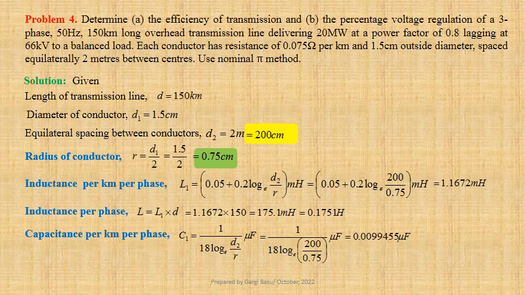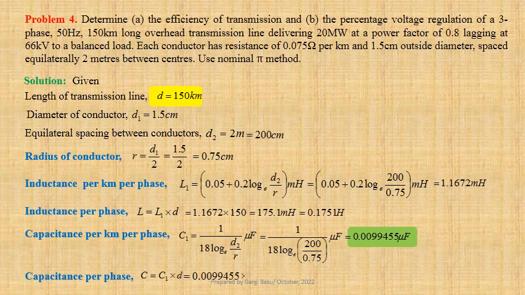Now we shall calculate capacitance per phase C equals C1 into D. Using values we get 0.0099455 into 150, that gives us 1.4918 microfarad or 1.4918 into 10 to the power minus 6 farad.